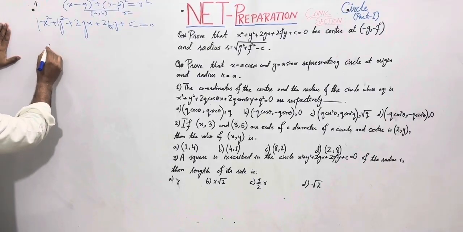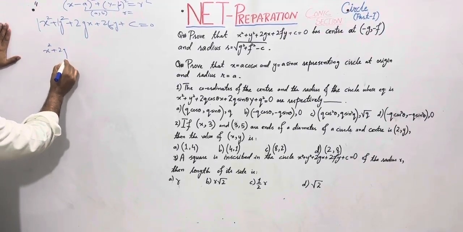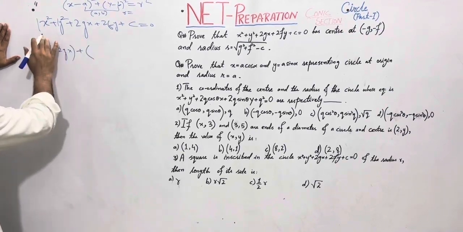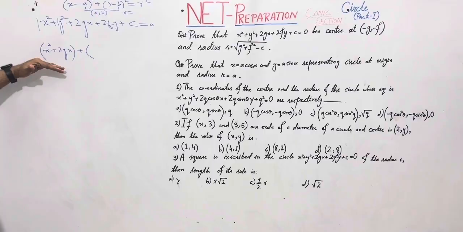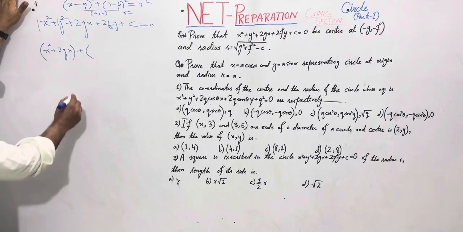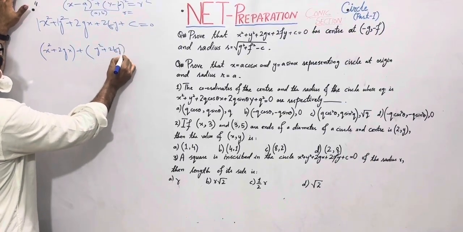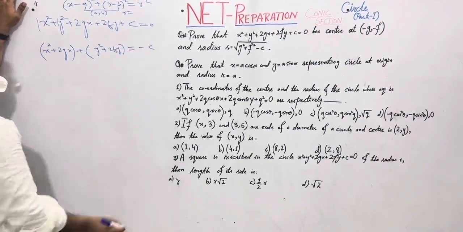For that we have to make a perfect square for x as well as y. I have written together the terms involving x, then the terms having y, and the constant on the right hand side.